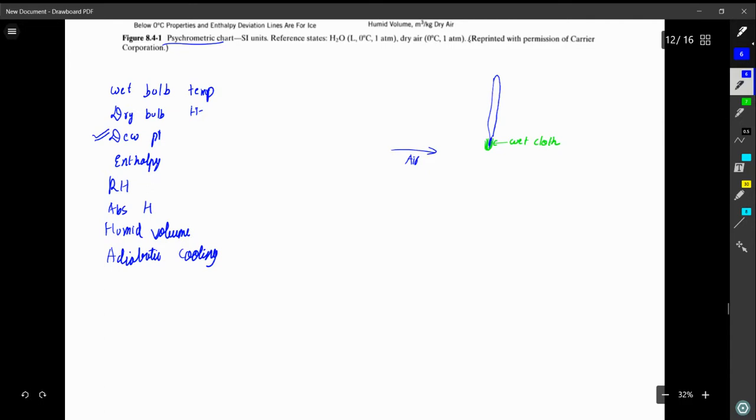The temperature of this air is called dry bulb temperature, and initially you are at dry bulb temperature. Due to this wet cloth, when the air passes, it is not completely saturated, so some water will start evaporating. From where is it taking the heat? It's taking heat from the bulb, so the temperature of the mercury inside will come down. It will get stabilized at another temperature called wet bulb temperature. So this is the wet bulb temperature.